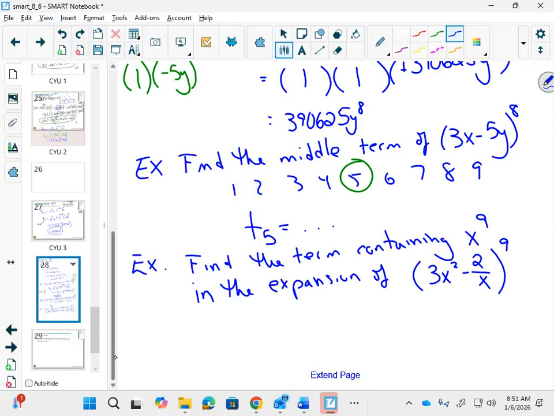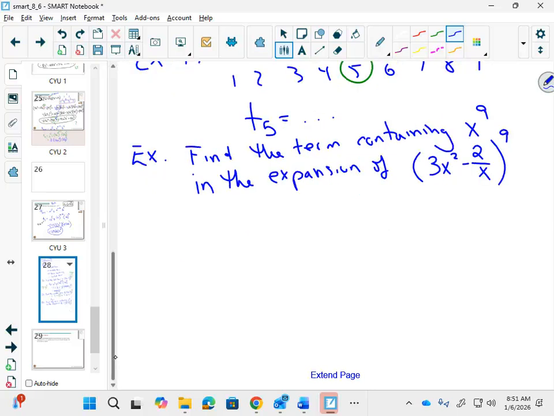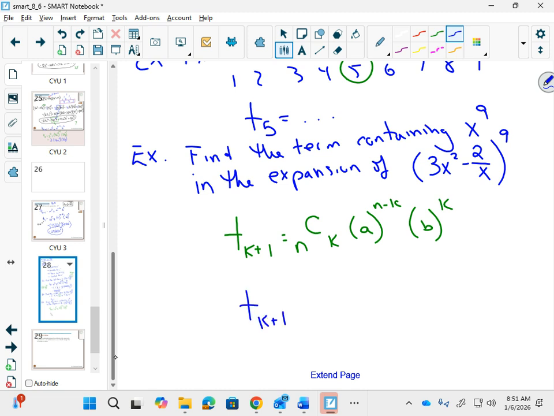Okay? So what we do in these questions is, and I'm going to just write out our formula again. We're going to plug in everything that we know into our formula. Here's our formula. So, based on what we have, we do not know which term it is. So does it make sense that we do not know what k is?